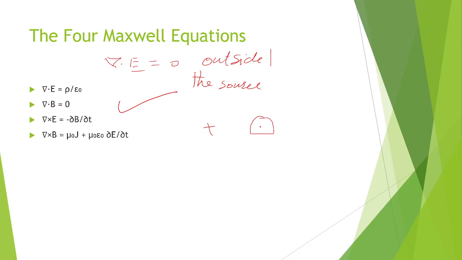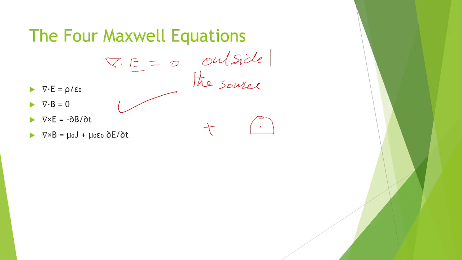But the divergence of the magnetic field is always zero, and that is because the magnetic field has no monopole. There are monopoles for the electric field, plus charge or minus charge, but we cannot find a separate south pole or north pole for the magnetic field.